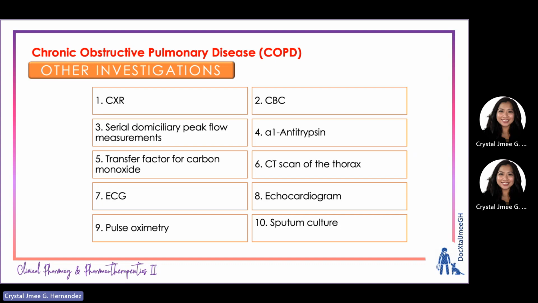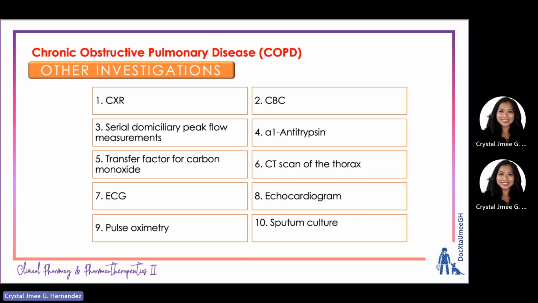Third is serial domiciliary peak flow measurement. This is to exclude asthma if there is a certain doubt on the diagnosis. Number 4, we have alpha-1 antitrypsin. This is particularly used with early onset disease or if the patient had minimal smoking or family history factors.